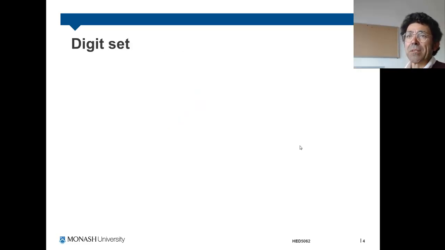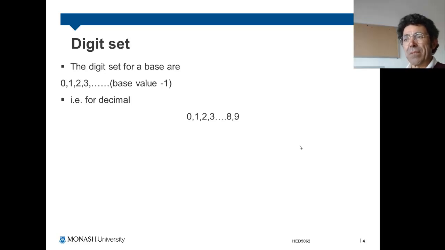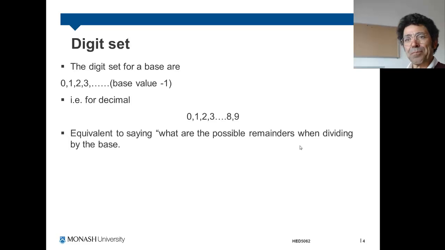Now each number system also has what's called a digit set, that is, what are the elements or symbols in that set, and they're usually 0 up to the base value minus 1. So for decimal we have the digits or symbols 0 to 9.